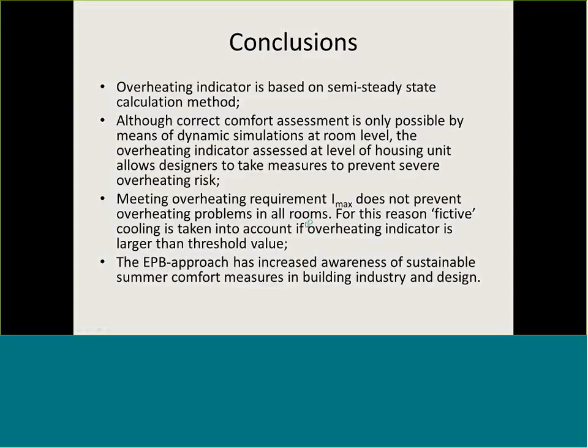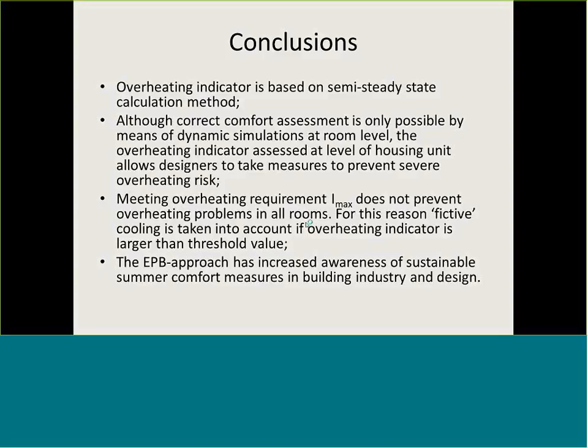As the results of dynamic simulation and the comparison with the results of the overheating indicator showed, meeting the overheating requirement does not end overheating problems in all rooms. So for this reason, the possibility of installing active cooling, and in fact predicting a fictive cooling energy use, is necessary.